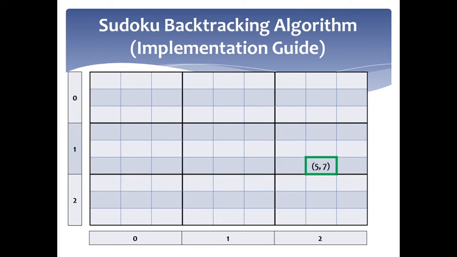Let's take a cell for example with index 5, 7, the cell row index being 5 and the cell column index being 7. We want to identify which box this cell belongs to. How do we get the box indices, you ask? Simple, with the use of a tiny bit of math.